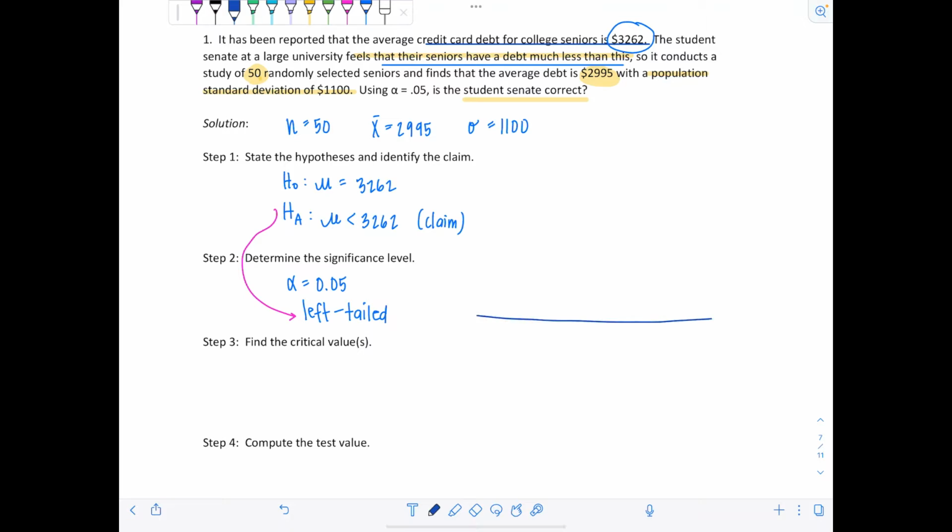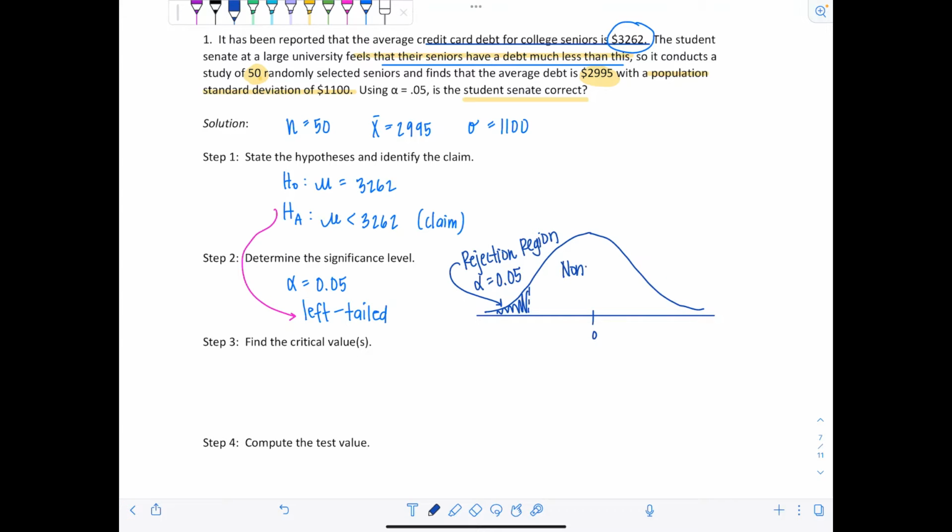That means alpha, that 0.05, that area needs to be in the left tail of my normal distribution. So over here, this is all 0.05. Okay, this would be my rejection region, critical region, right here. This is the non-critical or non-rejection region. Let me switch up the wording.